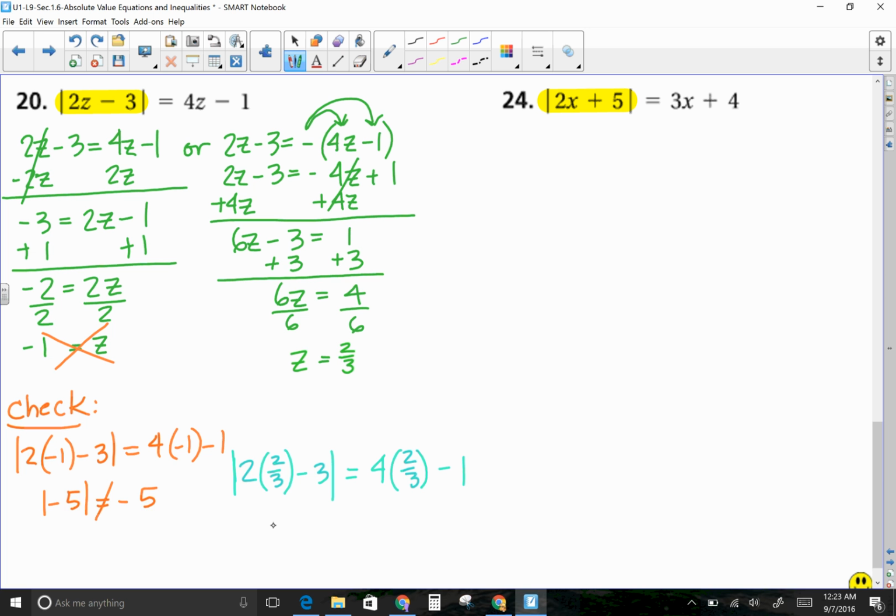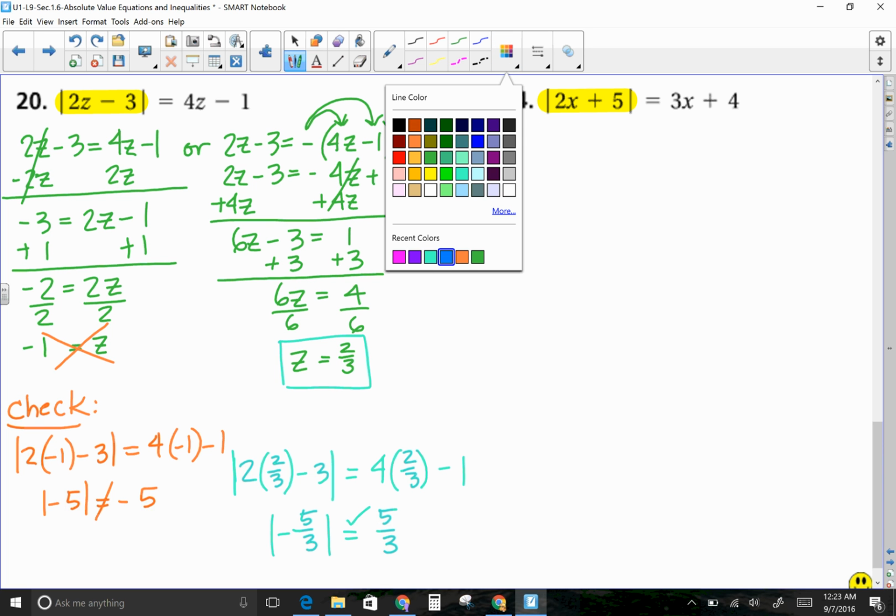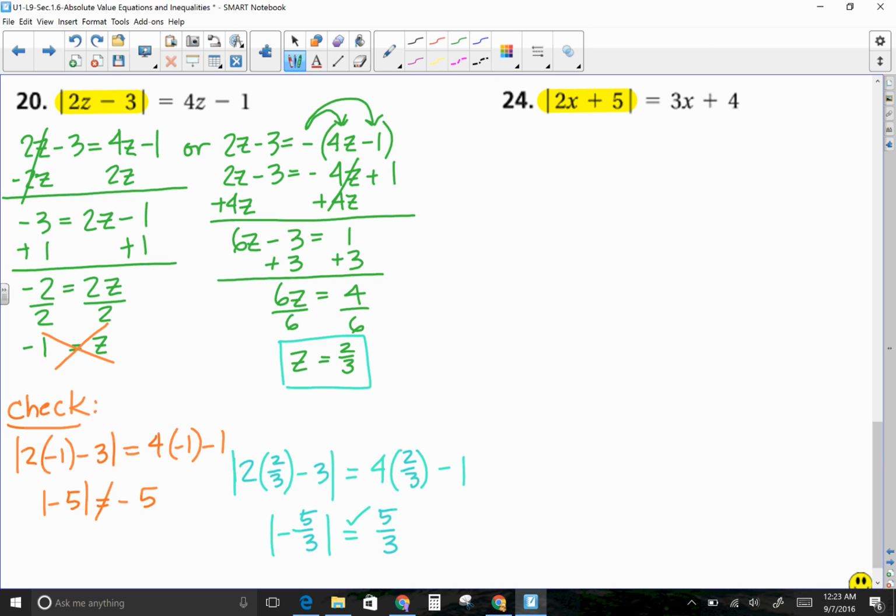And that's going to be negative 5/3 over here. And this over here is going to be positive 5/3. Well, is the absolute value of negative 5/3 equal to 5/3? Absolutely it is. So this answer checks. And we're good to go. All right. Look at number 24.